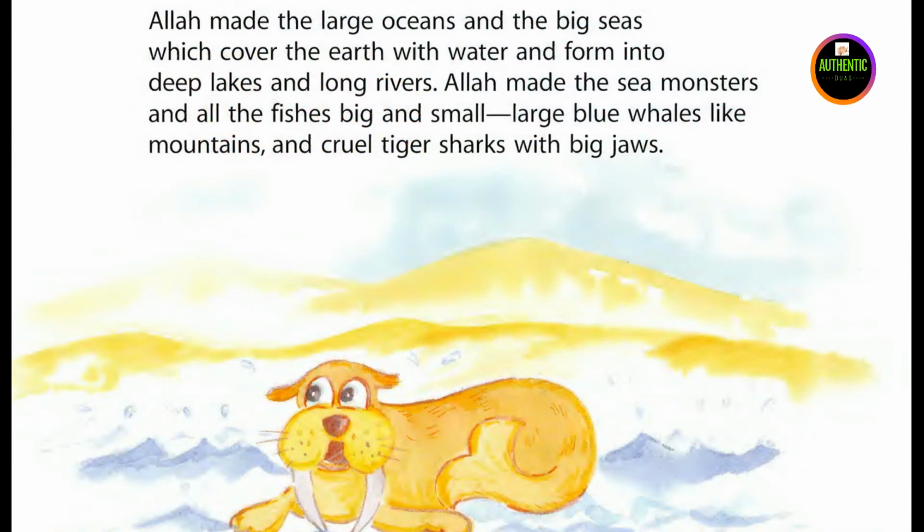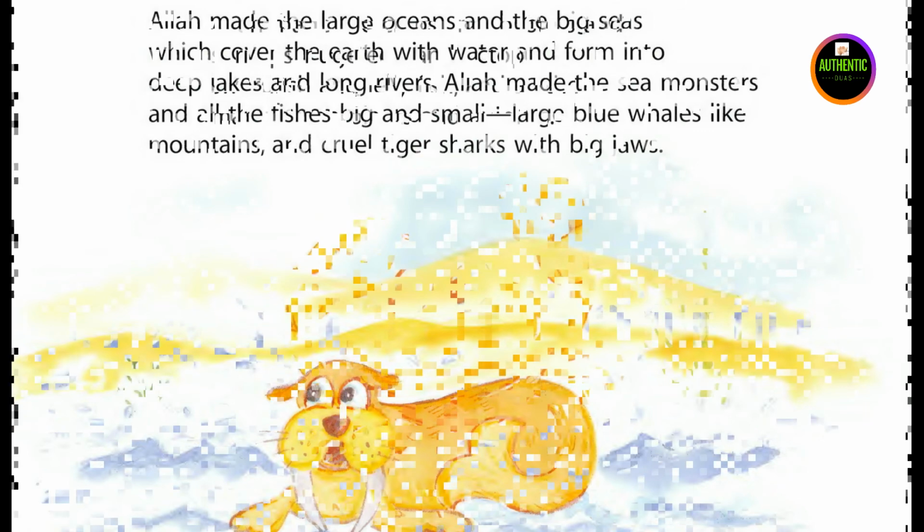Allah made them all. Allah made the large oceans and the big seas, which cover the earth with water and form into deep lakes and long rivers. Allah made the sea monsters and all the fishes, big and small, large blue whales like mountains, and cruel tiger sharks with big jaws.